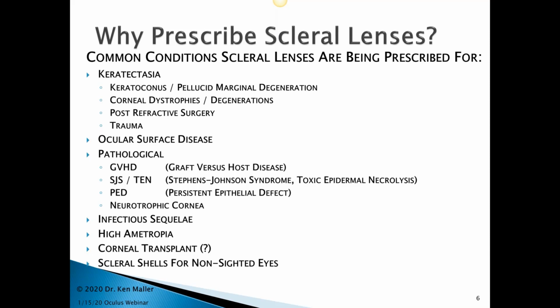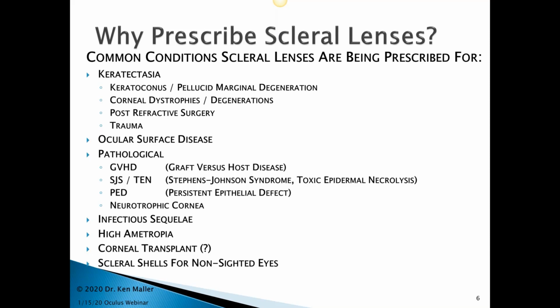The irregular corneal surface has really been taken out of the equation: you just get the lens to land out on the sclera. We don't have to worry as much about what's going on with the cornea, and trying to get the lens to center correctly, position correctly, and be comfortable.